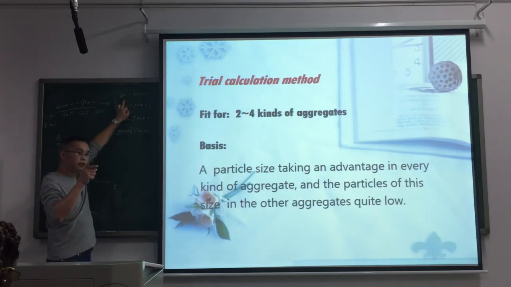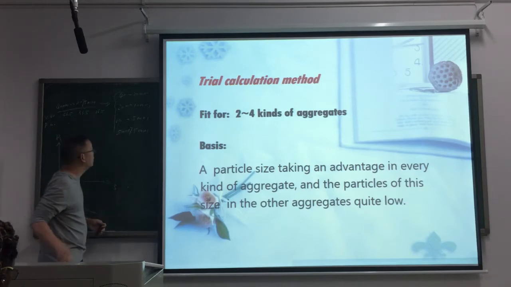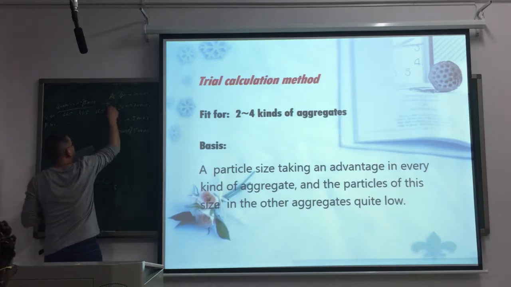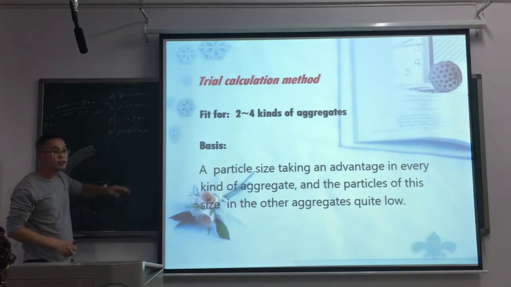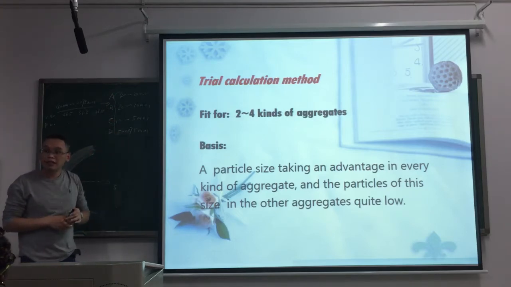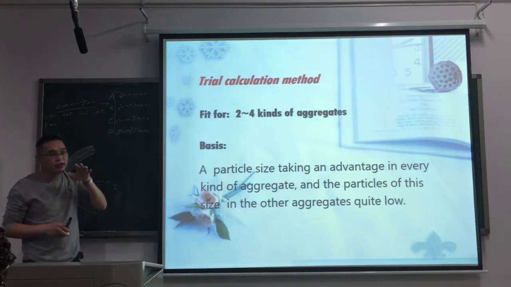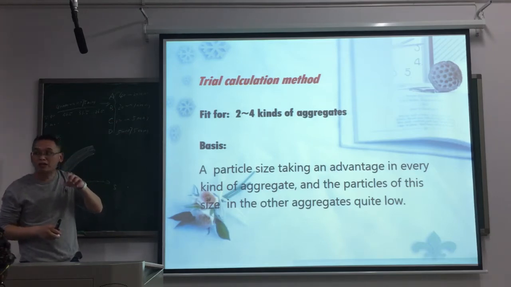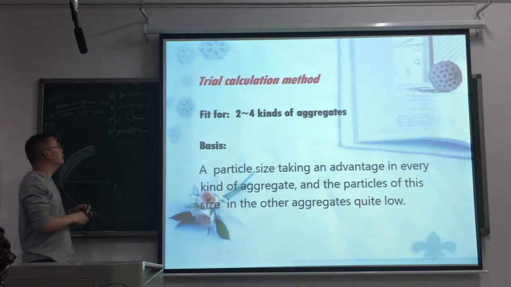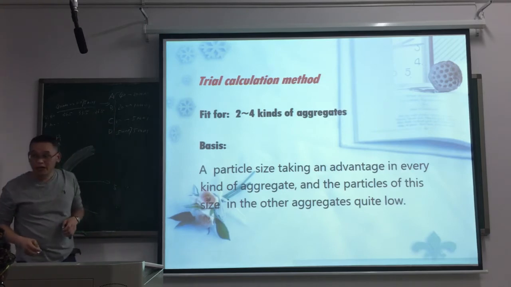So the particles of 30 millimeter, mainly come from where? The 30 millimeter aggregates mainly come from where? From A. Yes.